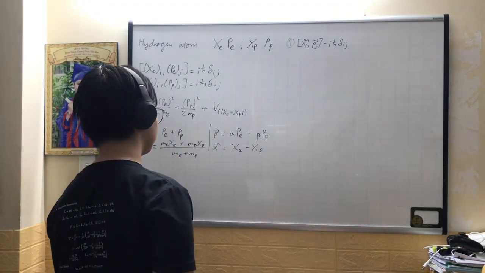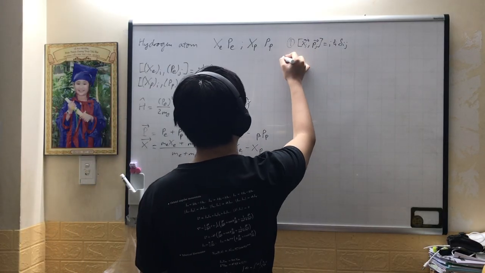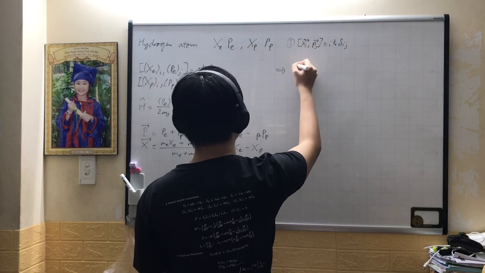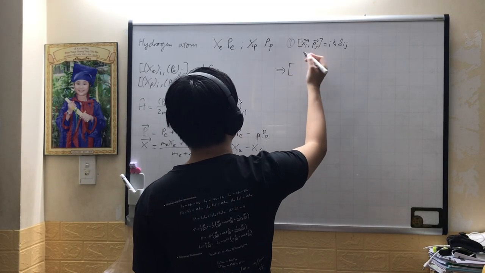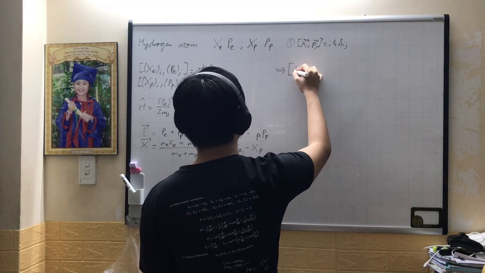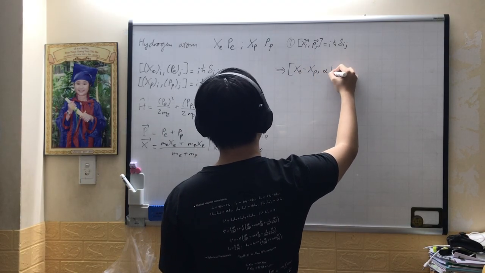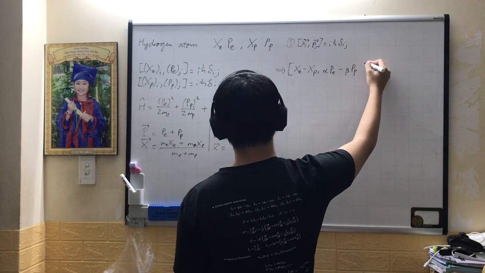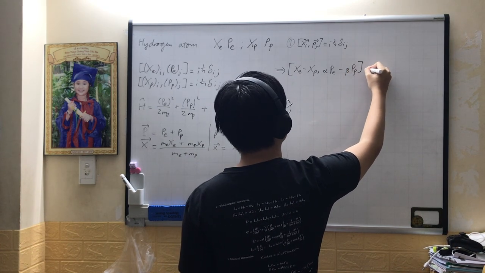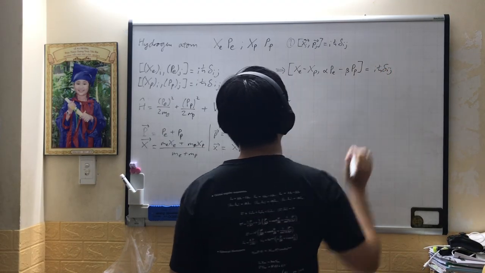Now we're going to expand this into x_e and x_p, so the commutation between x_e minus x_p and alpha p_e minus beta p_p is equal to i h-bar delta_ij.